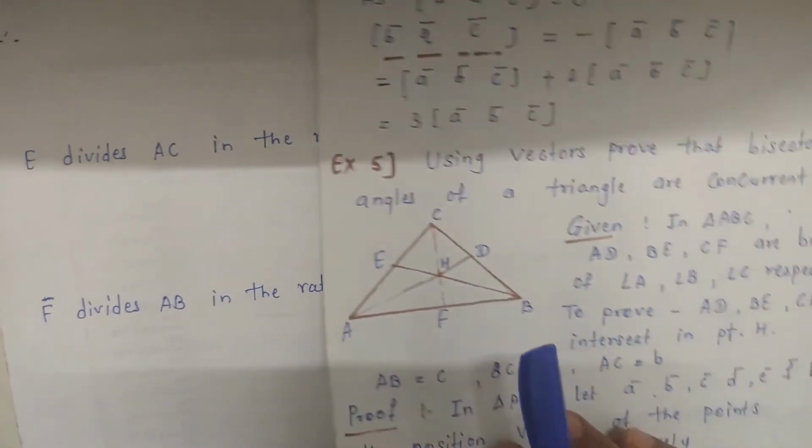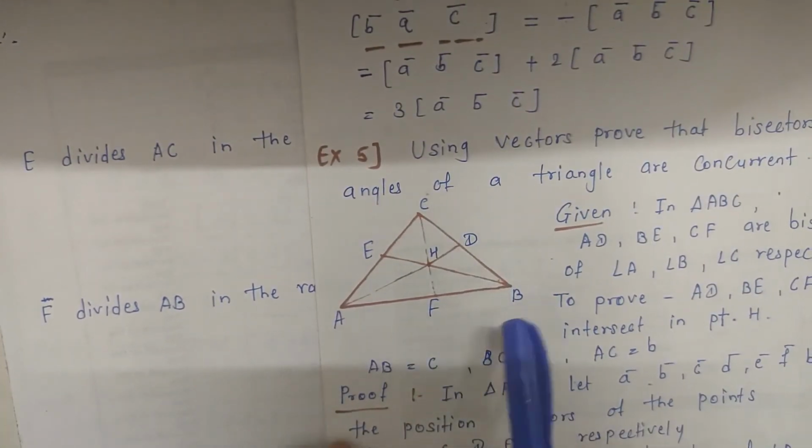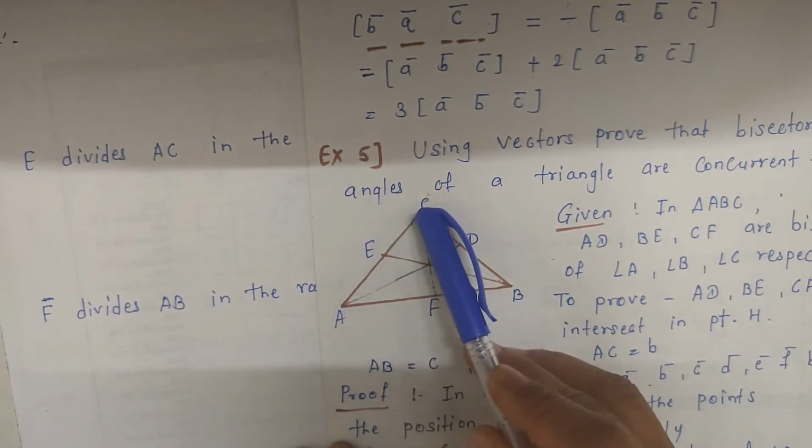Here D divides BC in the ratio AB is to AC.